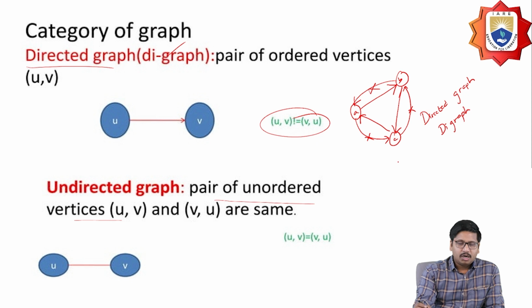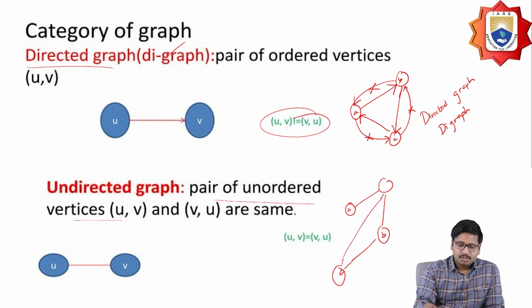When it comes to an undirected graph, it is a pair of unordered vertices, UV and VU, which are the same since there is no directed edge between them.